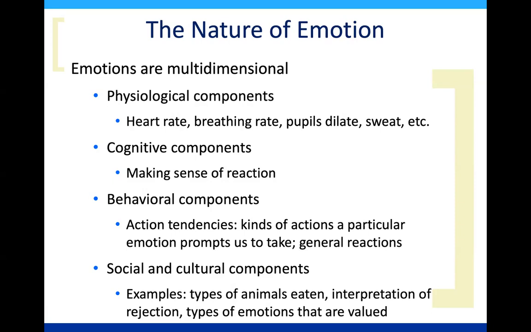The types of emotions that are valued also play into our emotional reaction. If we look at some Asian cultures, they value peace, calm, tranquility. So they're going to ultimately lean towards those types of emotions as reactions to things because those are valued.